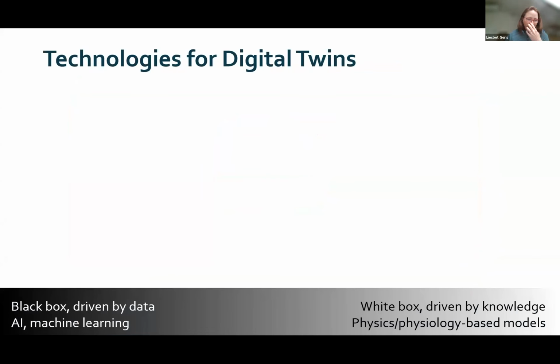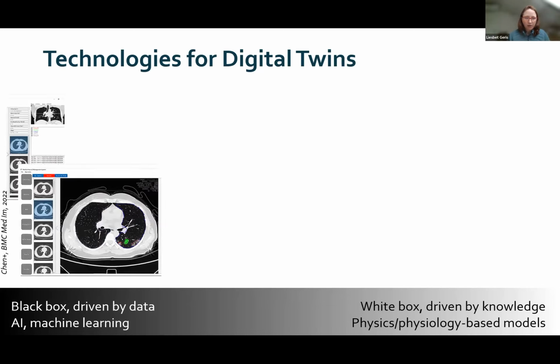Now, technologies for digital twins, as I'll be talking about a vision and a platform and whatnot, so not so much about different technologies that we'll use. I just want to make the remark that when we talk about digital twins, we do not make any assumption on the technology that is used to build the digital twin.